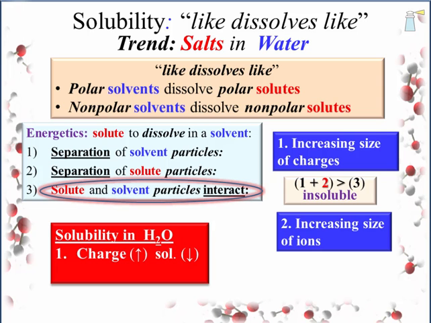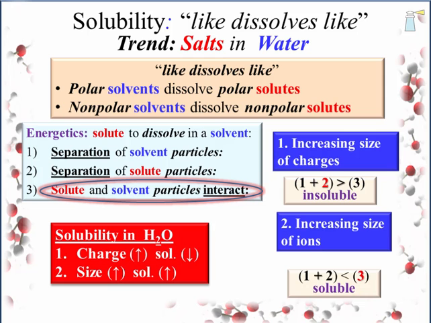More intermolecular bonding means more energy release. The trend concerning the solubility or dissociation of ionic compounds in water as a function of ion size is that the larger the ions in the compound, the higher the solubility. Compounds with large ions have a higher saturation concentration than compounds with smaller ions, and that is another generalization.